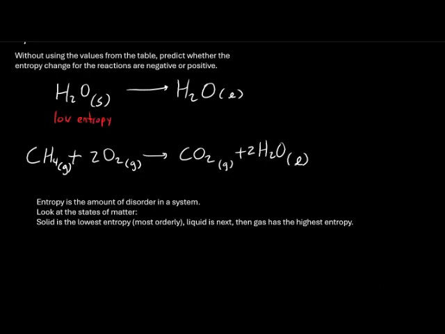This is because solids are very orderly compounds. The solid changes to liquid, which has a middle amount of entropy. So we've started from low entropy and gone to higher entropy than what we started with. So since our entropy is increasing, we say that the sign of entropy, or as we represent it, delta S, will be positive.